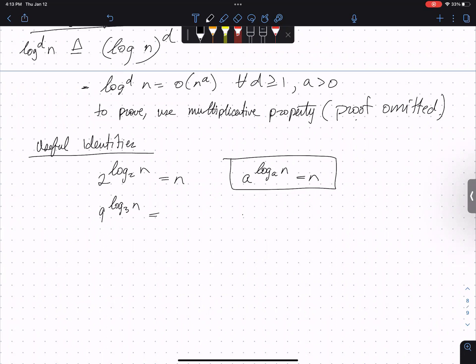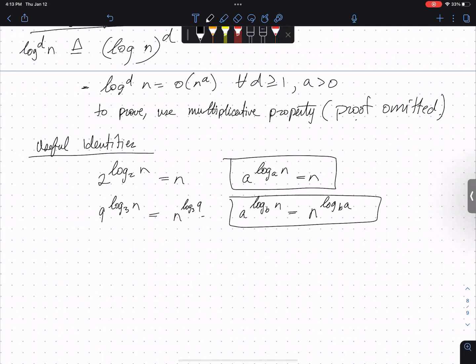Okay, so the property states that a to the log base b of n is equal to n to the log base b of a. So in this case, n to the log base 3 of 9 equals n squared.